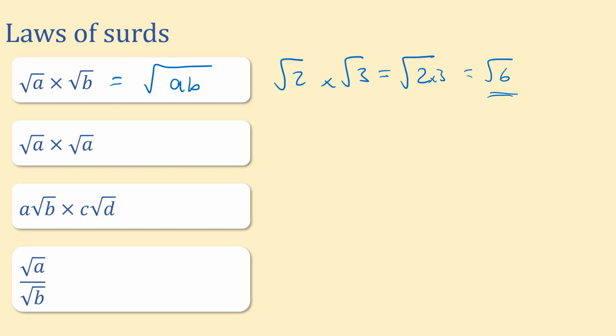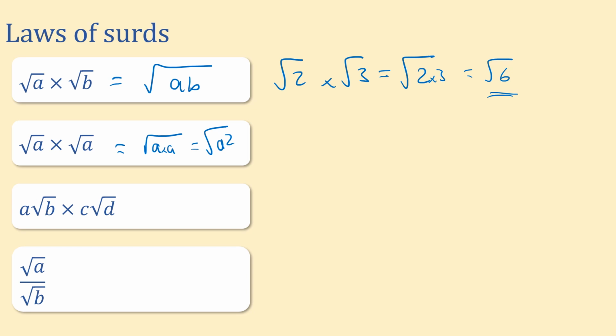The next one is basically a shortcut, but it's the same rule as before. If I do the square root of a times the square root of a, I get the square root of a times a, and that's the square root of a squared. Those two things are inverse operations, the opposites of each other.